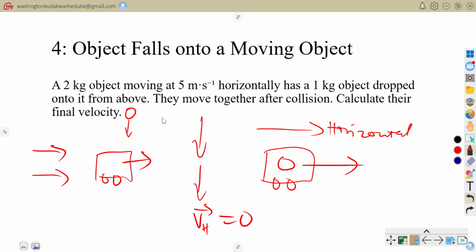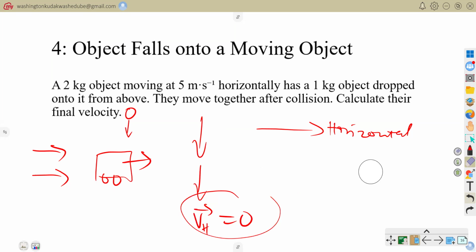So anything that is moving down or up would be regarded as having a velocity of 0 because we are dealing with the horizontal momentum. But if we choose to deal with the vertical momentum, anything moving in the horizontal direction will also have a velocity of 0. So we need to decide which scenario we are looking at.